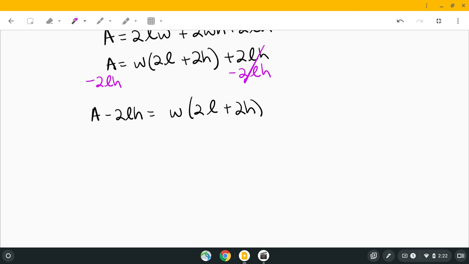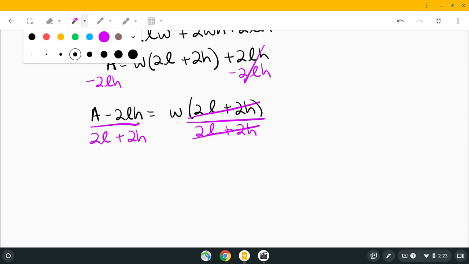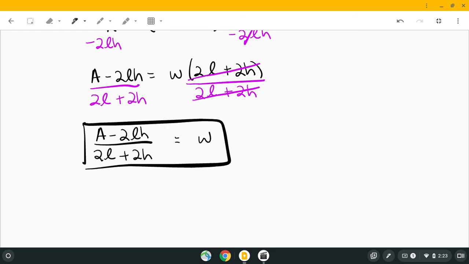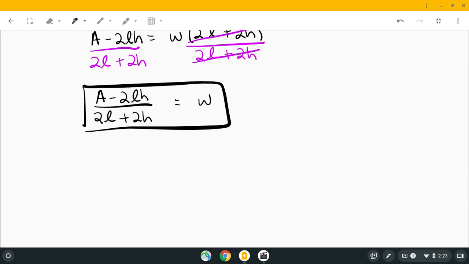So I will use division to undo this multiplication. All of this will cancel out with all of that, and we get the W all by itself. We get A minus 2LH all over 2L plus 2H. Final answer. All right, so that is it.